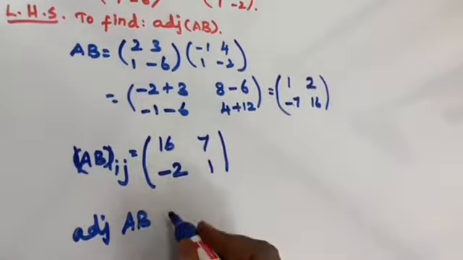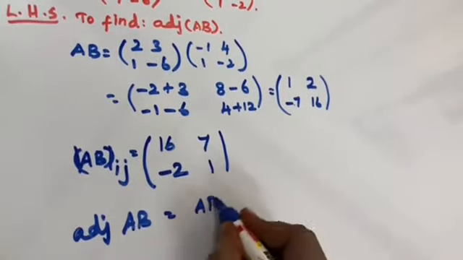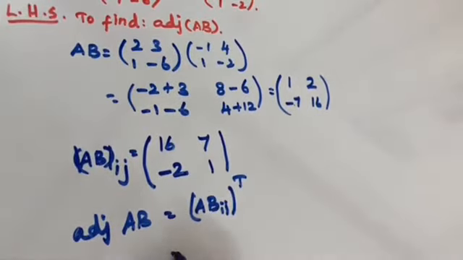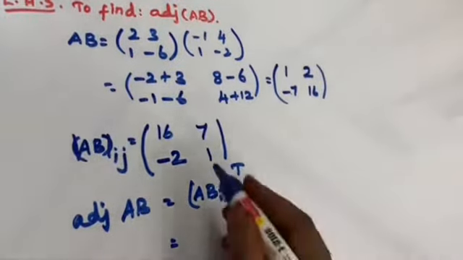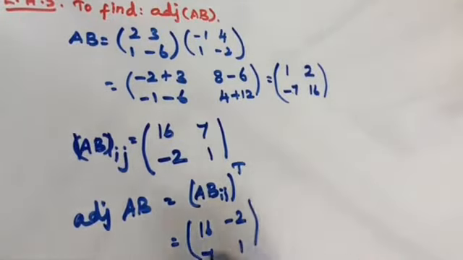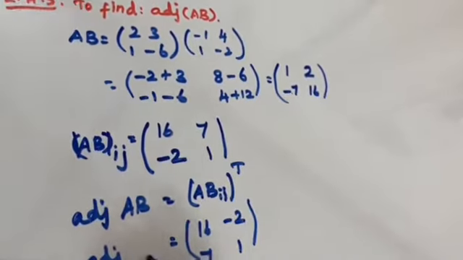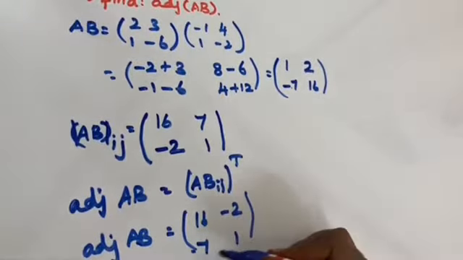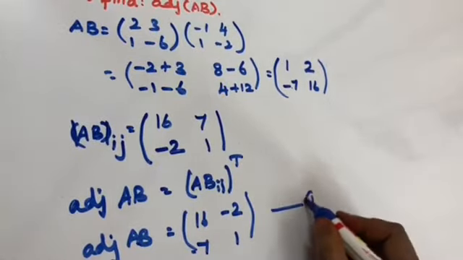Okay, so adjoint of AB is equal to the transpose of the AB ij matrix. It is [16, 7; -2, 1]. So adjoint of AB is equal to [16, -2; 7, 1], and it is equation 1. Okay.